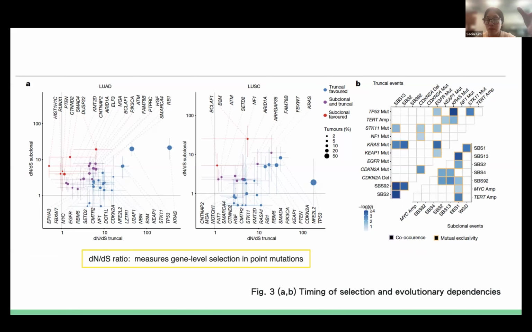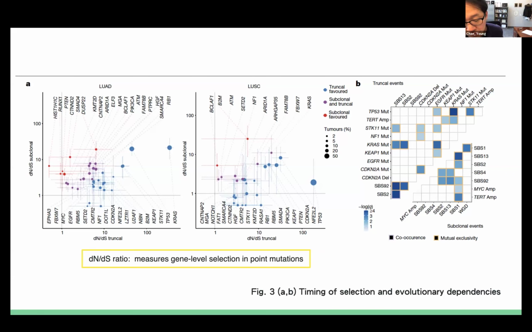Whereas SBS13 and the very bottom SBS2, do you see my cursor? It has a purple box on the very left corner downside. So SBS13 mutation tends to co-occur with SBS2 mutations. That's kind of paired.